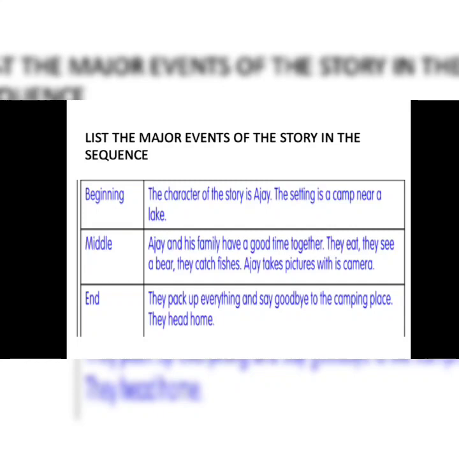In the beginning you have to only mention that the character of the story is Ajay and the setting is a camp near a lake. I told you that you have to mention the character and the setting in the beginning. In the middle, you have to write what is happening to the character.